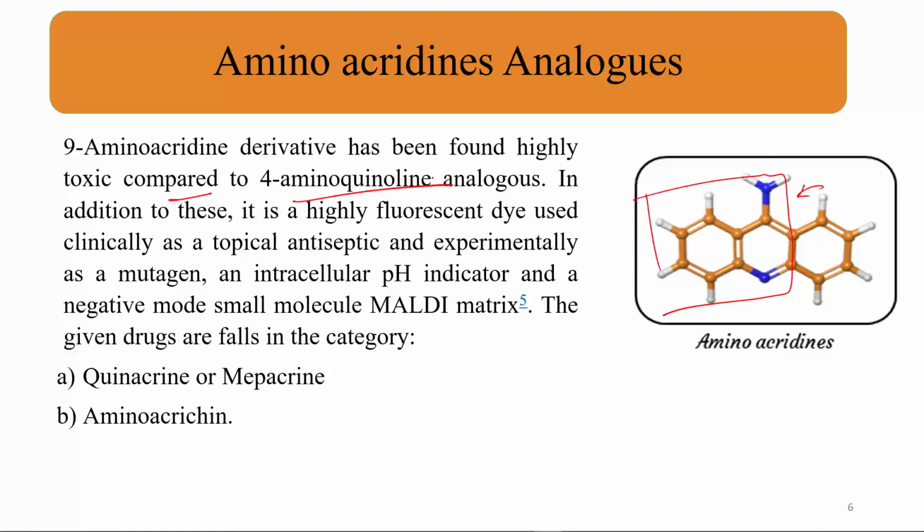So its toxicity is much higher compared to the 4-aminoquinoline analogues. In addition, it is a highly fluorescent dye used clinically as a topical antiseptic and experimentally as a mutagen, an intracellular pH indicator and a negative mode small molecule matrix.